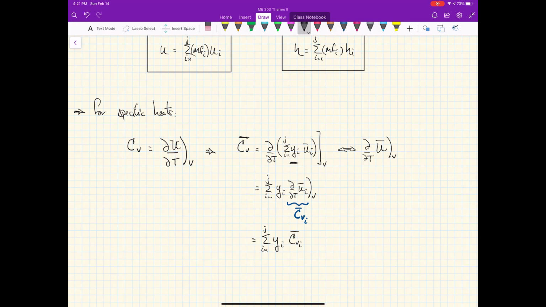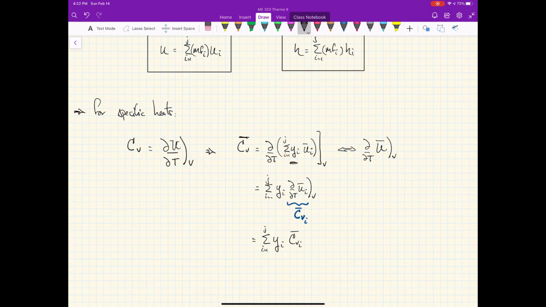So we can take the derivative on the inside of the summation here on a per component basis and pull the y out of the derivative, so that this is equal to the sum of individual mole fractions times d/dT of the individual molar internal energies of each of the constituents.